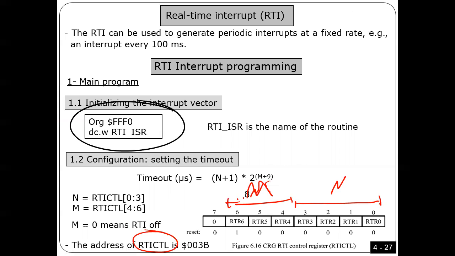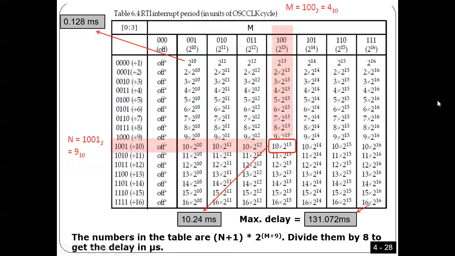So how can you get N and M? If you go here in this table, here I put all the values for N. As you see here, N can take a value from 4 zeros to 4 ones. Also for M, it can take values from 3 zeros to 3 ones. So these are all the possible cases, okay?